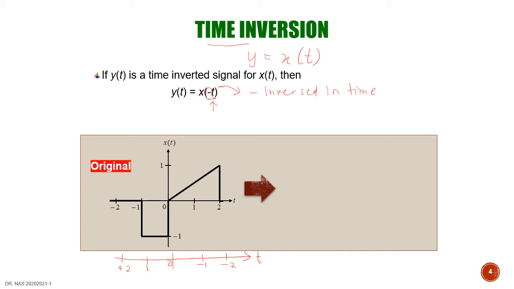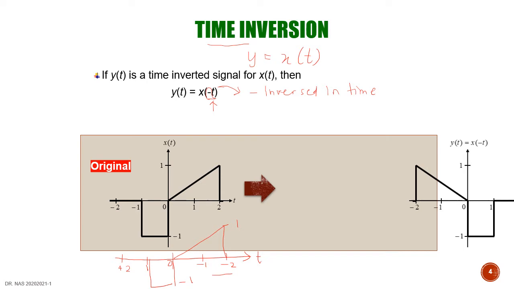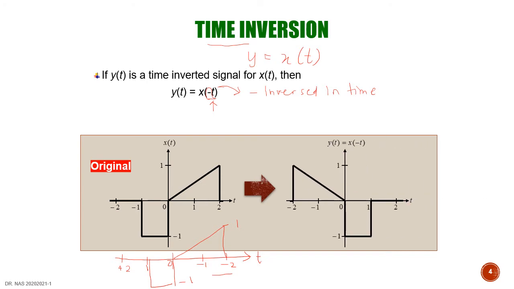But the amplitude remains the same, as 1 and minus 1. Now you can see that there's a negative axis on the right, so you need to rearrange the axis back to the original axis. At the end you'll get the new signal y equal to x(minus t).